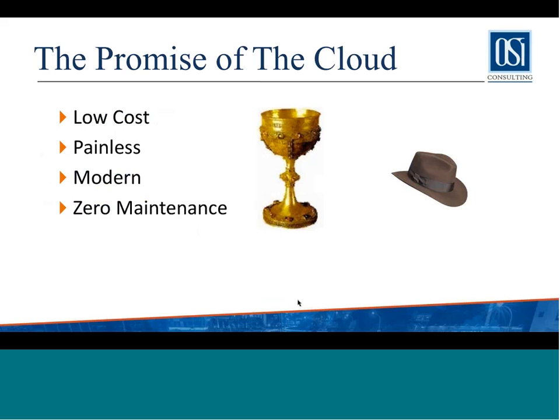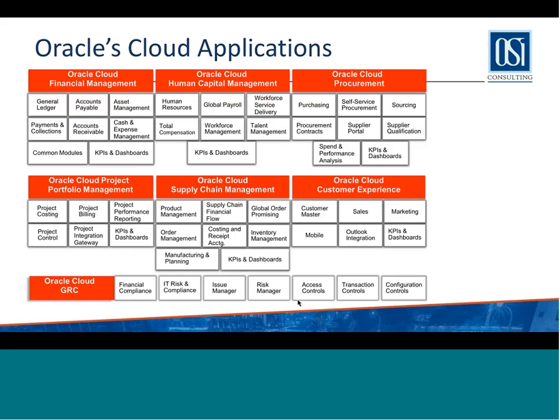And it would obviously be zero maintenance. There would be nothing to do. It would run on its own. And we can all use our Indiana Jones hats to then go off on some wild adventure while the cloud takes care of itself. So that's the holy grail. That's the promised land that we have all been promised and we all aspire to.